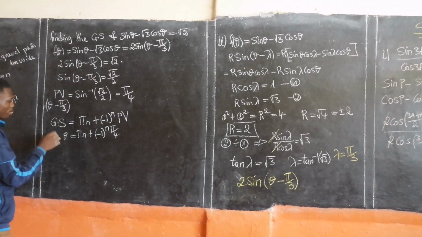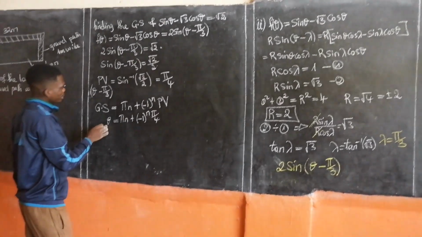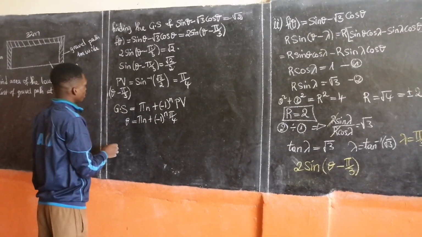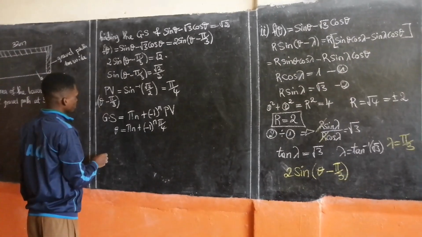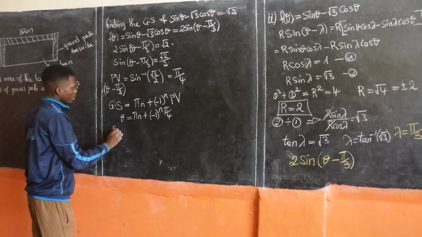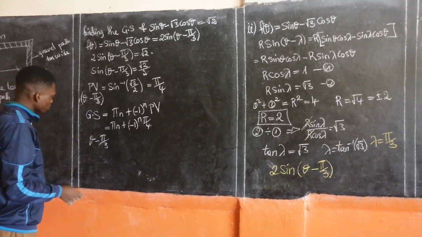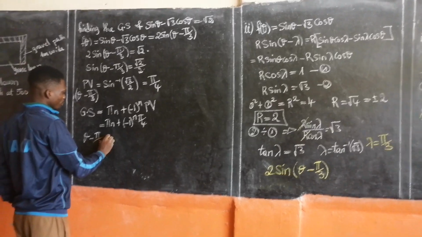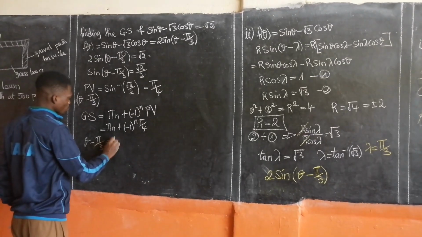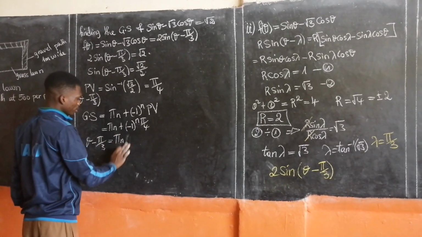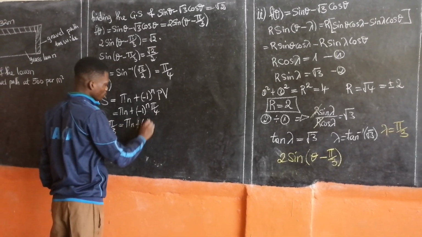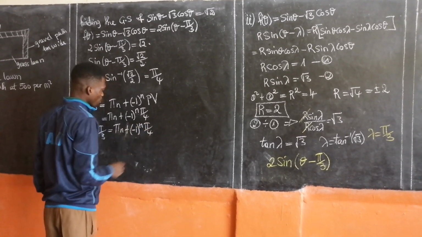But now, our theta here is in the form theta minus pi on 3. Good. So theta minus pi on 3 is equal to pi n plus (−1) to the power n pi on 4.